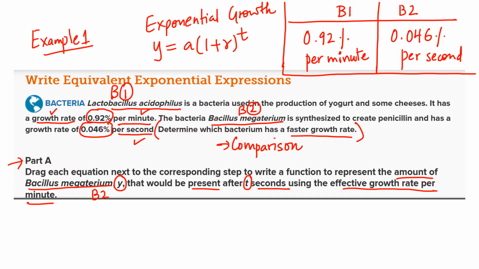So that's part A, and I'm sure you are able to observe that for B2, the rate was given per second. So we need to convert it into per minute for sure. Only then will we be able to compare, and only then will we be able to say which one has a faster growth rate. In this lesson, we'll have questions and word problems where we write equivalent exponential expressions and thereby compare two things.